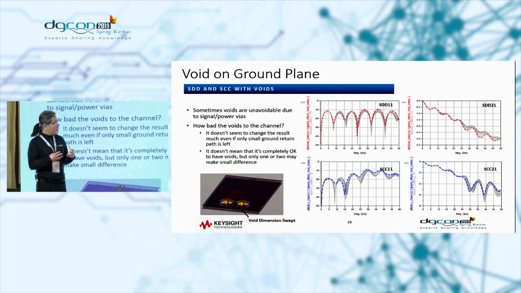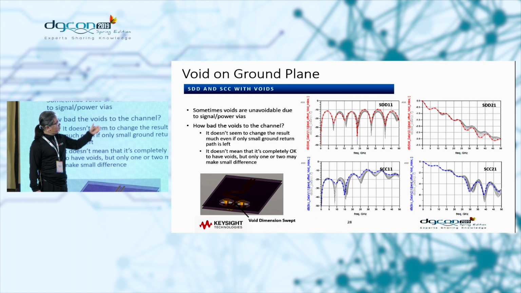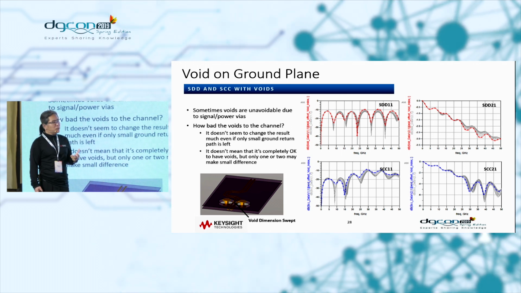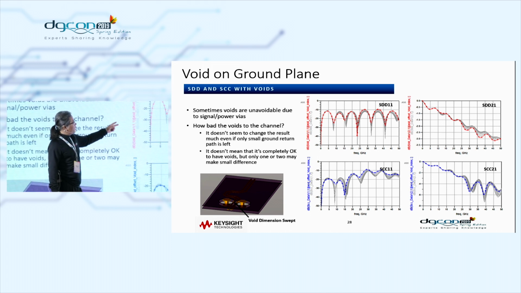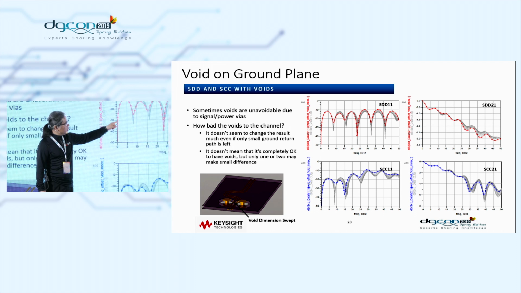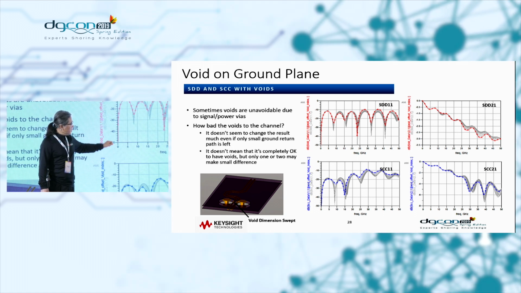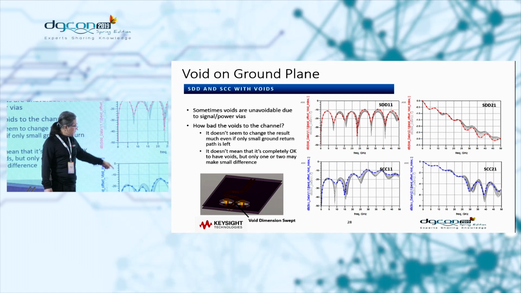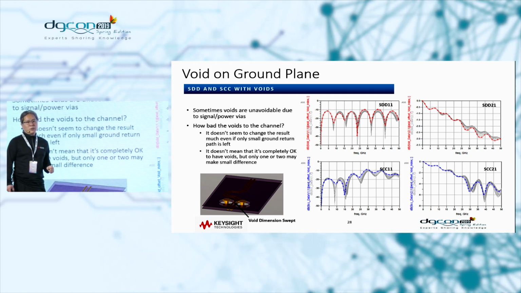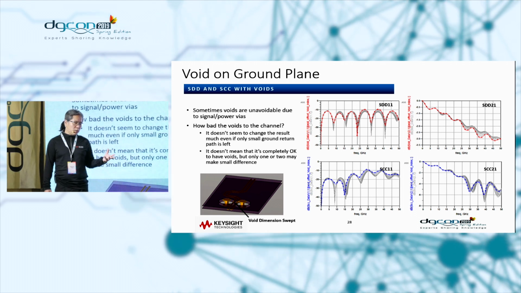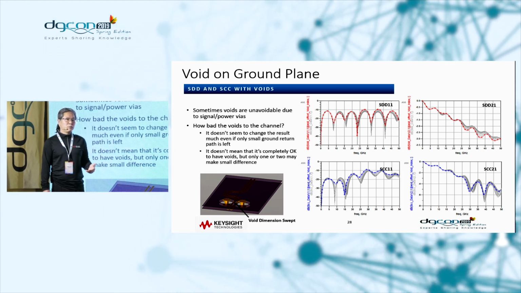Although it changed quite a bit, it still remains within a few dB, which was quite surprising data. But the important thing was that SDD, or SDD11 or 21, has smaller variation compared to CD or DC, which is really directly related to the mode conversion, all right?